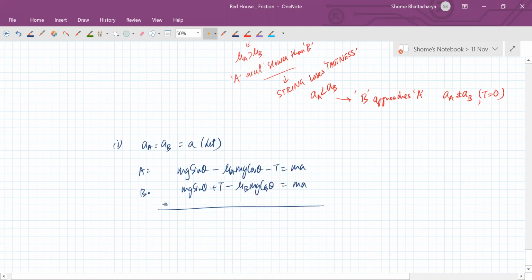So add the two equations. It's very simple. Taking mg common, 2 sin theta minus (mu A plus mu B) cos theta is equal to 2ma.